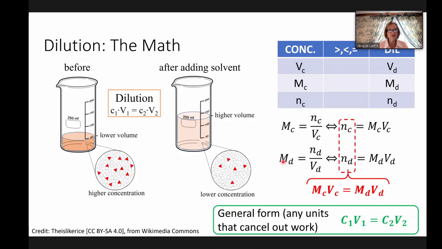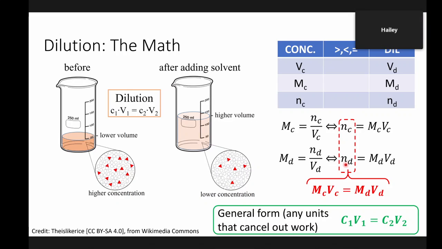The molarity of the dilute solution times the volume is equal to the number of moles. When you're diluting a solution, the number of moles of solute doesn't change. You're only adding solvent. You're not adding any more solute. So the number of moles is the same.